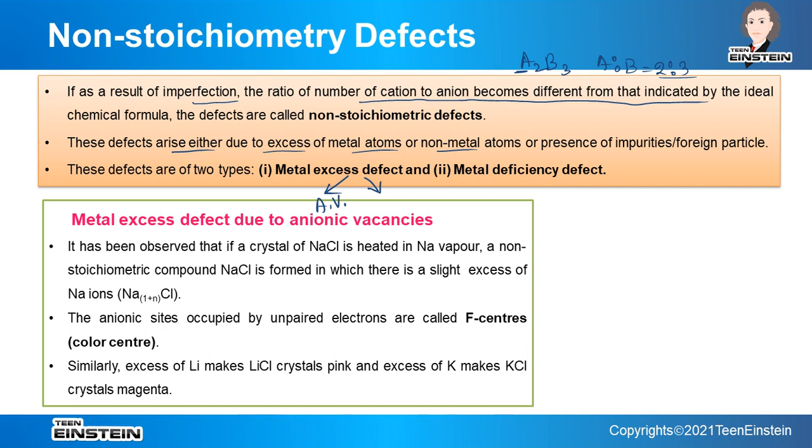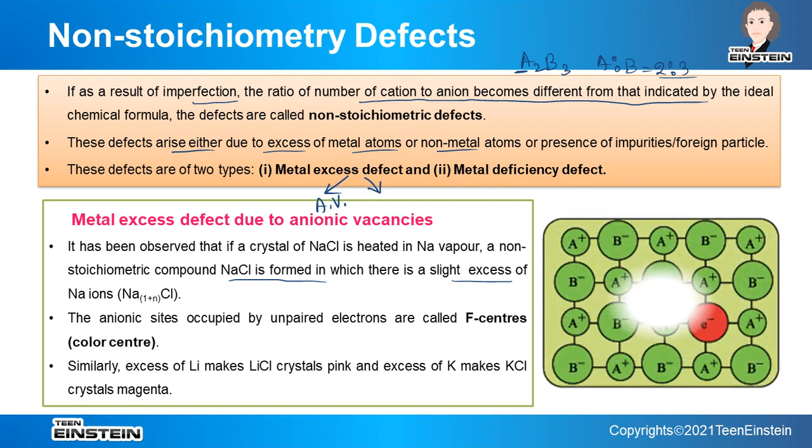So now what will happen? A non-stoichiometric compound NaCl will be formed in which there is slight excess of sodium atoms. Now how it is happening, that we have to know. For that we will take the help of this picture. Suppose here A plus is sodium plus and B minus is Cl minus.